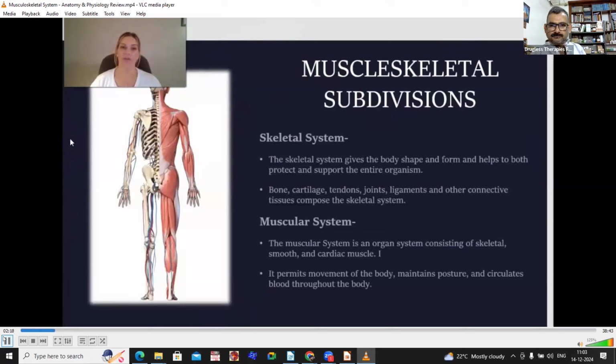And then you have the muscular system, an organ system consisting of skeletal muscle, smooth muscle, and cardiac muscle. The muscular system permits movement of the body, maintains your posture, and helps to circulate blood through the body as well.